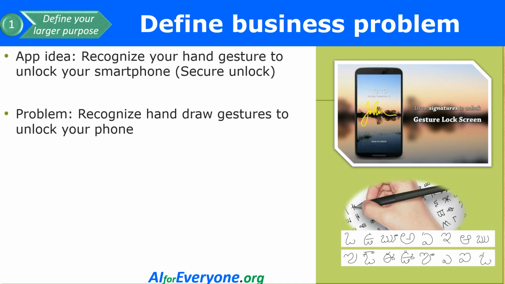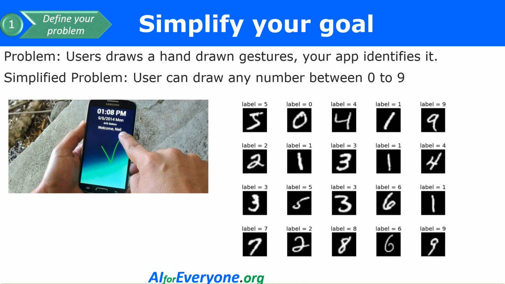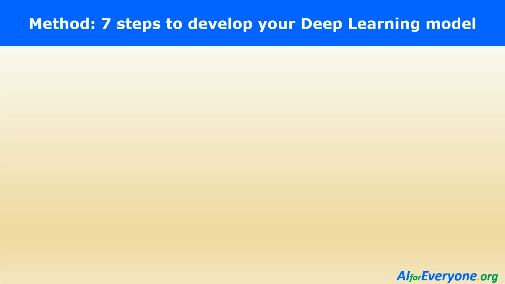An idea here is to probably look at a gesture lock where you draw something on your screen and the phone unlocks. To begin, we will simplify this goal so that we take the simplest approach based on the data that's available. What are the steps that you need to follow?